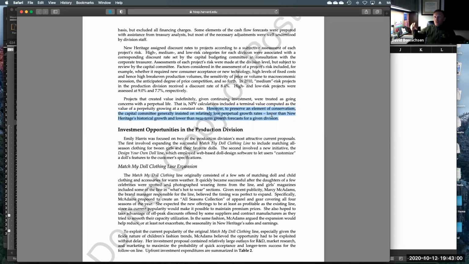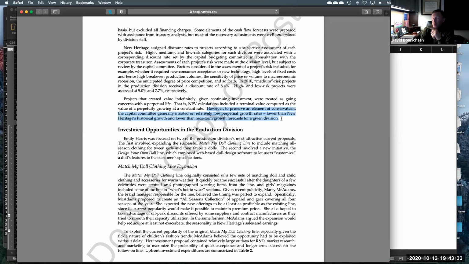It's going to be something more conservative, lower than their historical growth rate and lower than the near-term growth forecast for the division. And you have to try to figure out what that means. What assumption do you think you need to make? If we take the future cash flow value of that final year of project one, the Match My Doll project, and we divide it by the growth rate of 3%, that's a pretty aggressive number.